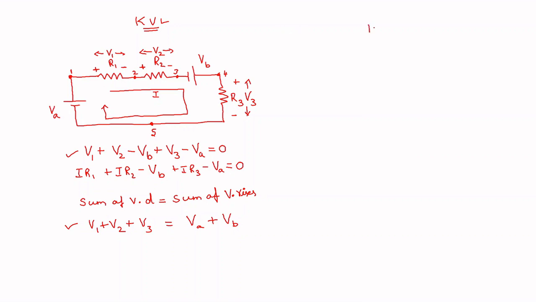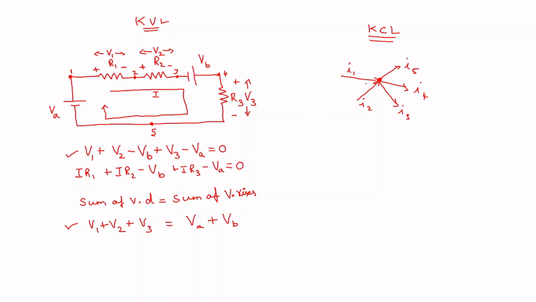Coming to Kirchhoff's current law, it states that at any junction, sum of all currents is equal to 0. Sum of all currents is equal to 0. So let me take a junction like this where there are 5 currents I1, I2, I3, I4, I5. Sum of all these currents in this junction is equal to 0.